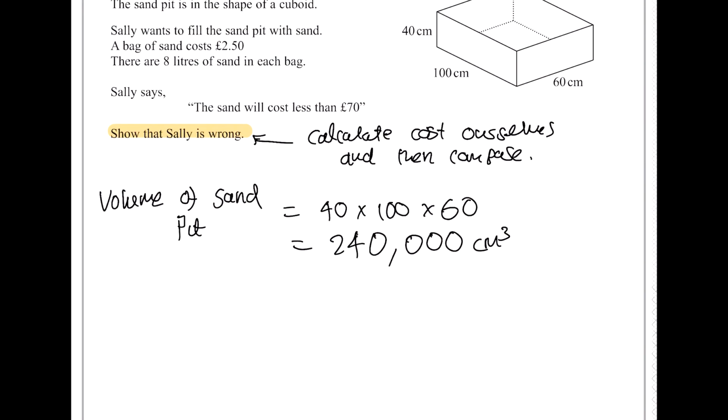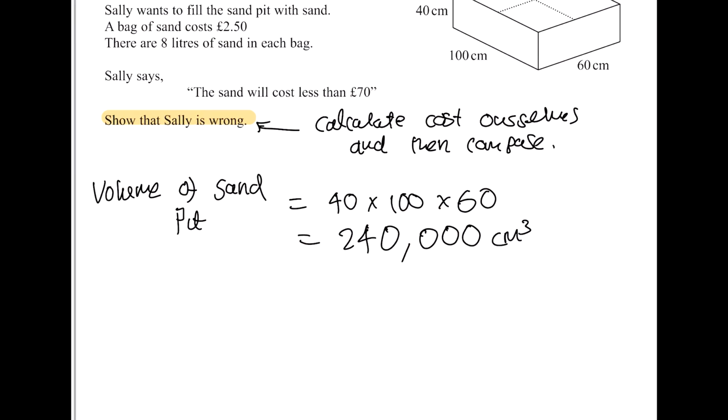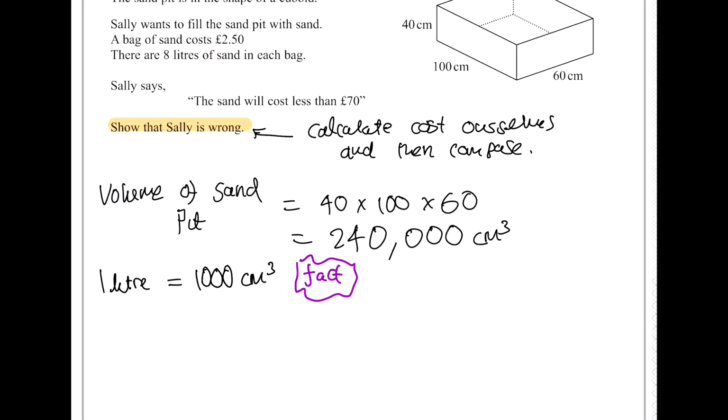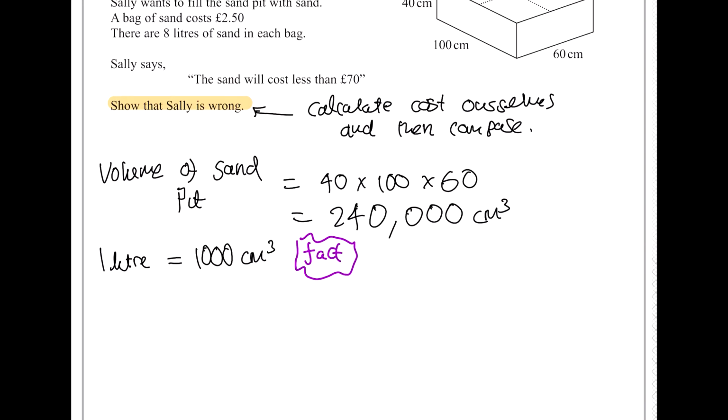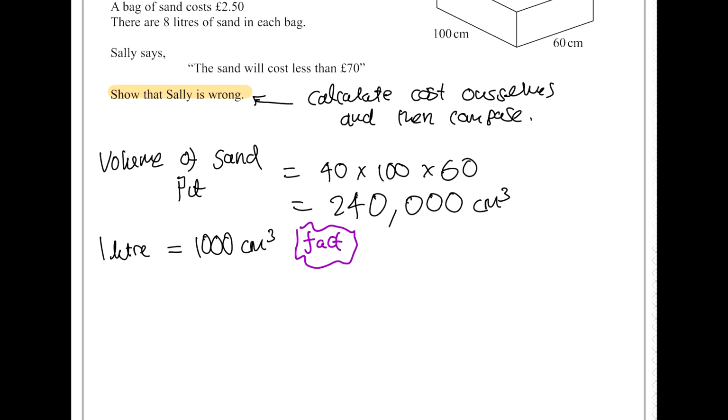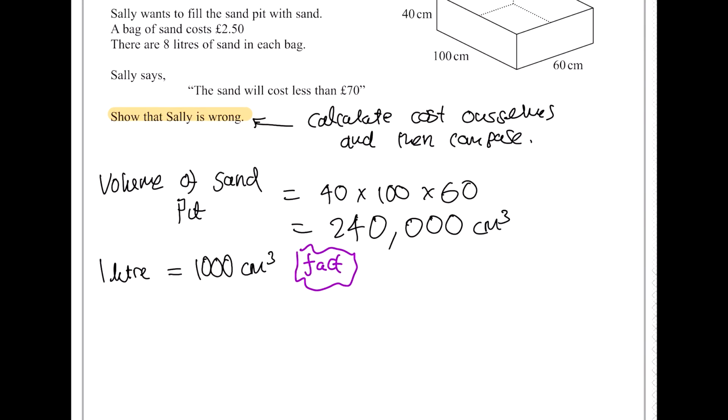And then we also know the fact that 1 litre is equal to 1,000 centimeters cubed. And this is basically a fact. So using this fact, we could then convert our volume into liters.